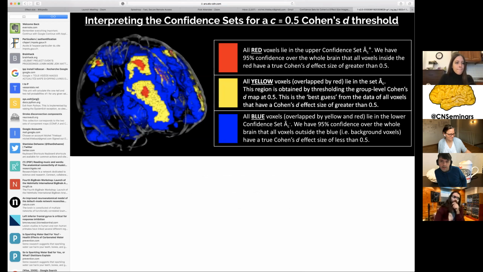But if you apply this confidence set for Cohen's d, you're able to disentangle the voxels in blue, where it's significant but there is not a very large effect size. It's a very small effect size, and you're not sure at all where it is in these big clusters.